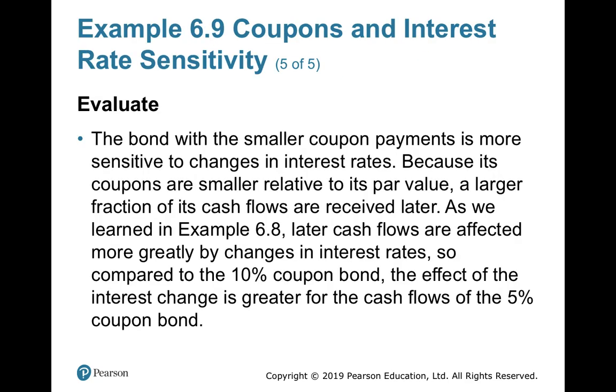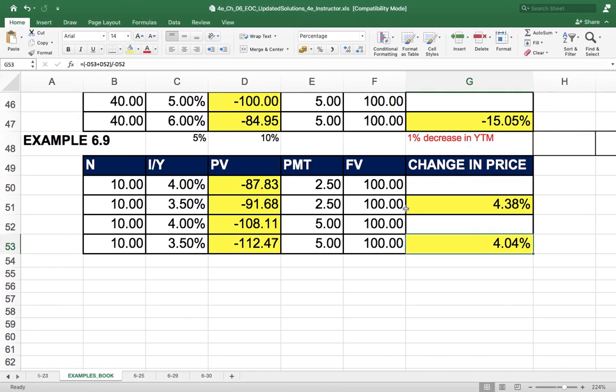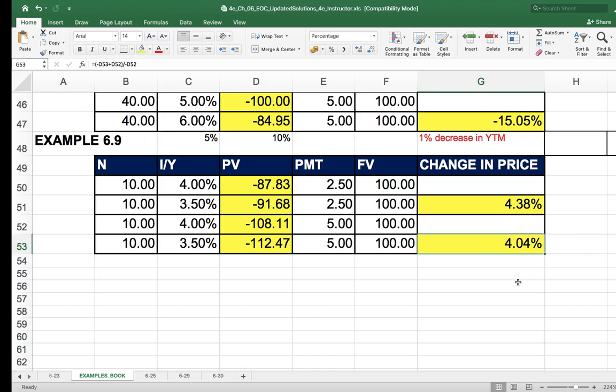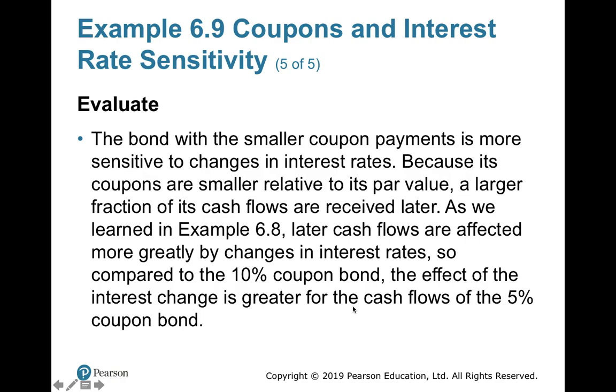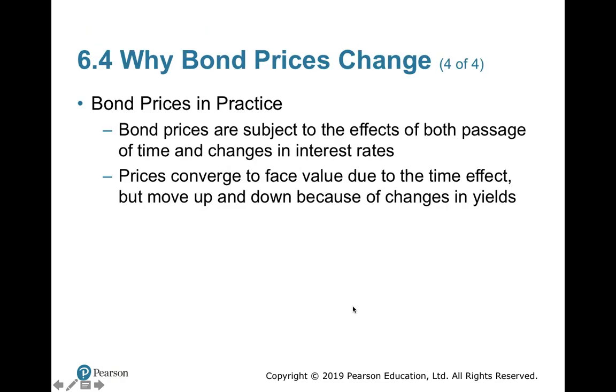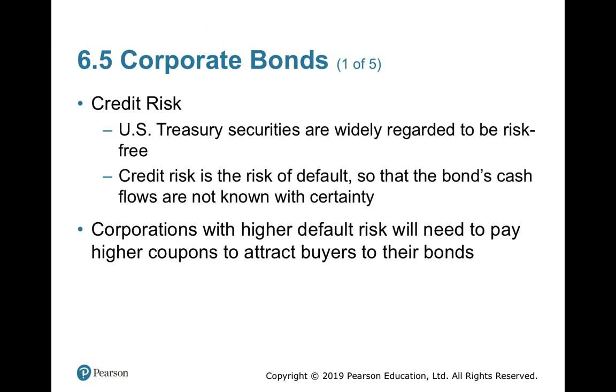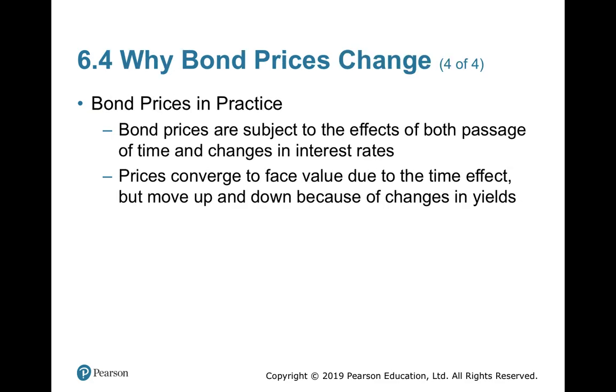And we have seen that the change of price is high for low coupon bonds, and the change of price is low for high coupon bonds. Bond prices are subject to the effects of both passage of time and changes in interest rate.